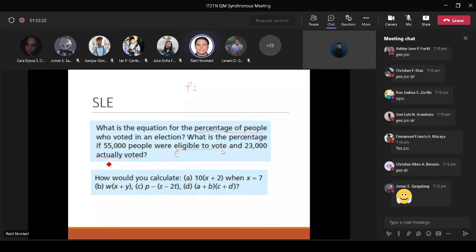Tapos ito A, pwede ba yon? So what do you think is the formula? A over E. Do you think? Tama ba ako? The percentage is equal to those number of votes actually voted over eligible. Tama ba, Anthony?